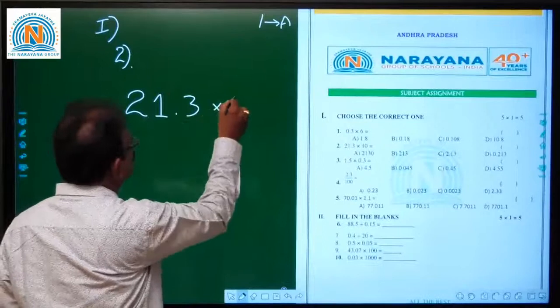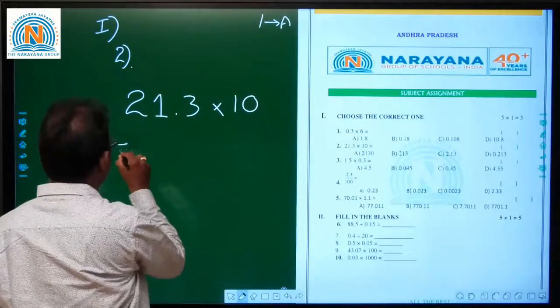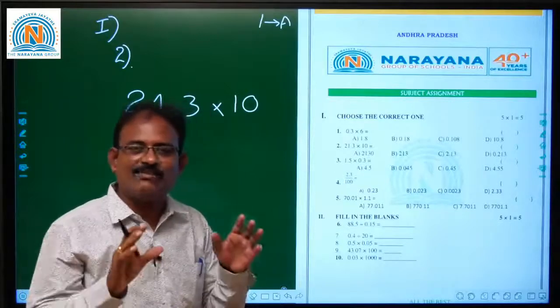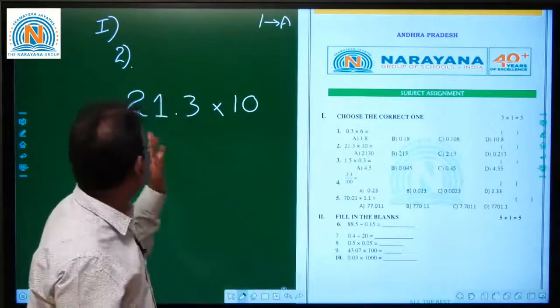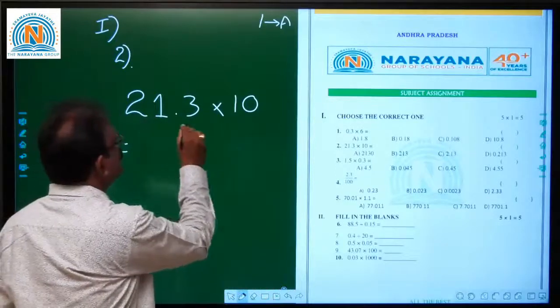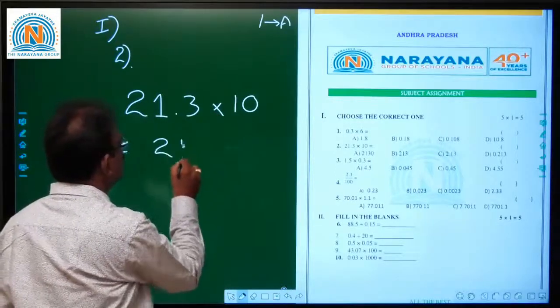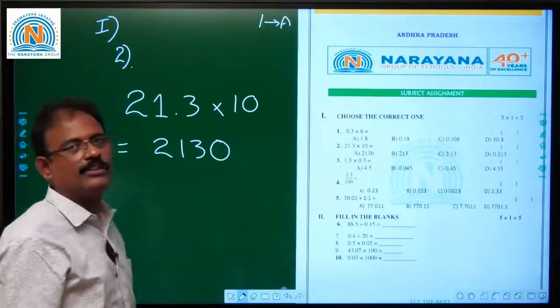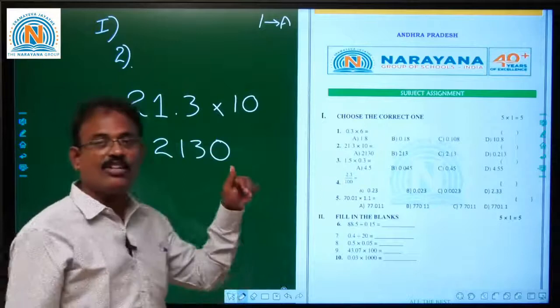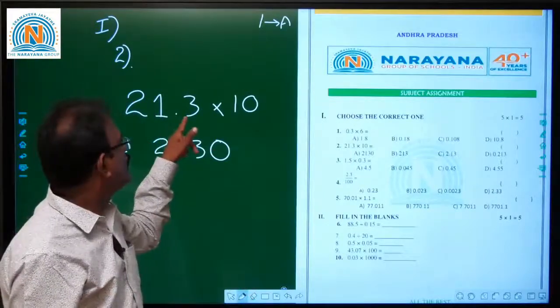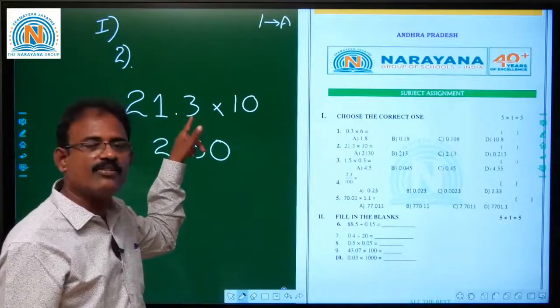21.3 into 10. As we just discussed, children, forget about the decimal point. So 213 into 10. This is 213 once 213s, and as we have 1 0. Now let us recall the position of the decimal point. After the decimal point, how many digits do we have, children?